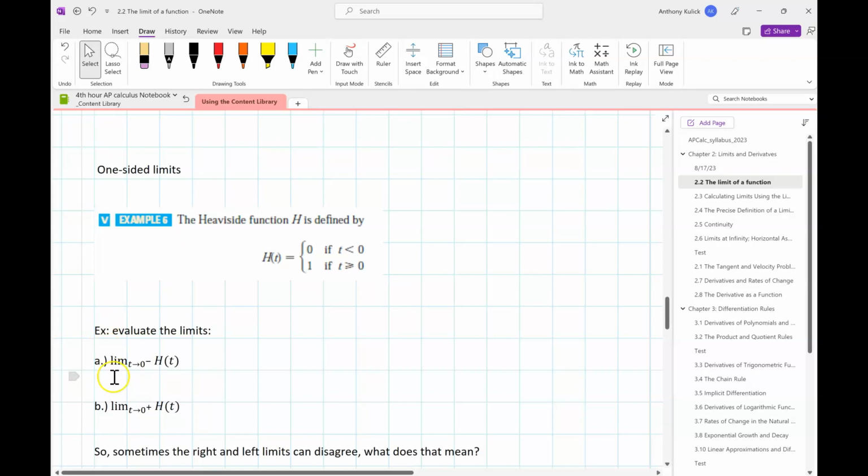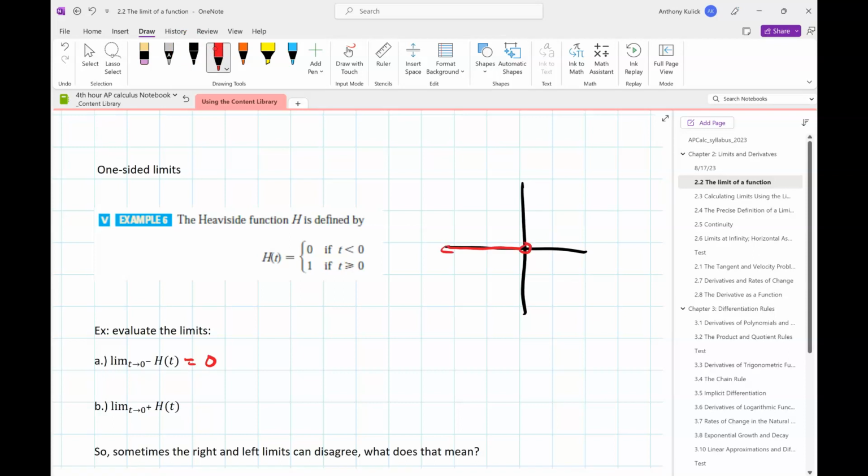So if I'm looking at the limit as t approaches 0 from the left, the values that are less than 0, what does h of t got to be? 0, right? Because if I graph this thing, it looks like this, right?